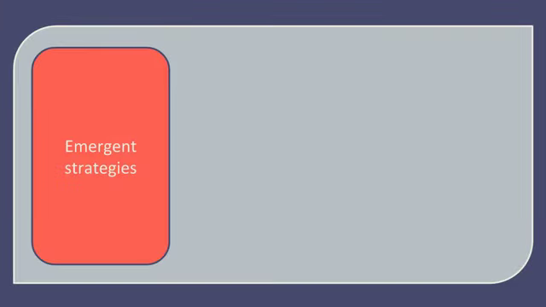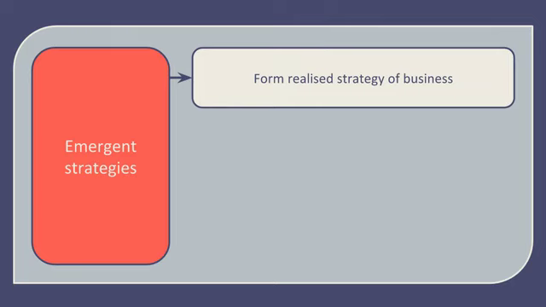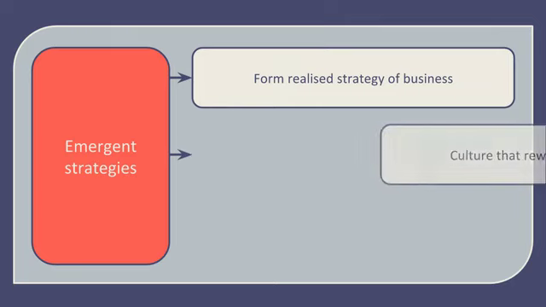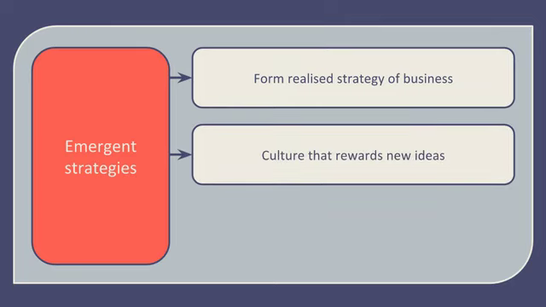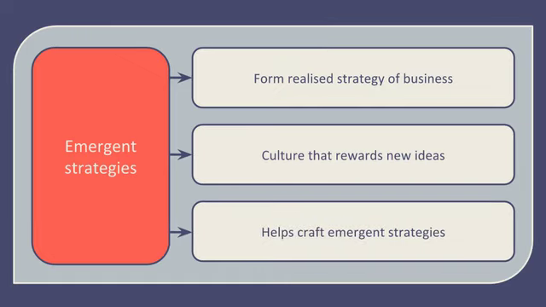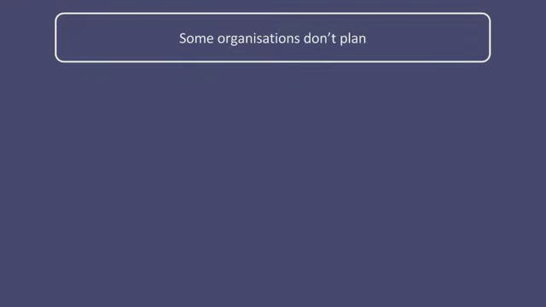The new ideas that are incorporated are known as emergent strategies, and along with the initial plan, and maybe some ideas that were disregarded in the event, form the realised strategy of the business. Having a culture that rewards the generation and execution of new ideas can help craft these emergent strategies. Some organisations don't plan at all.